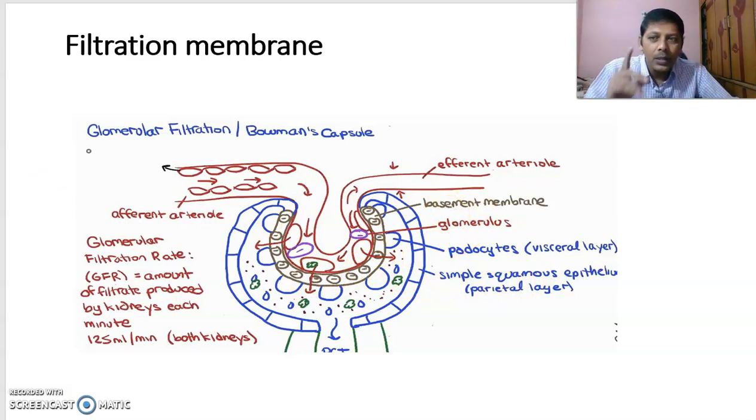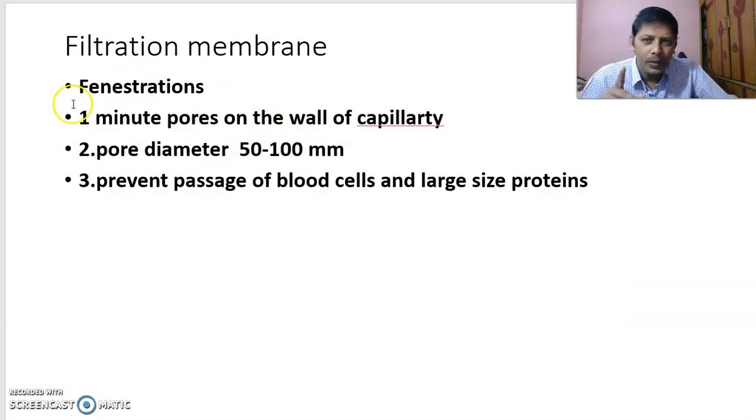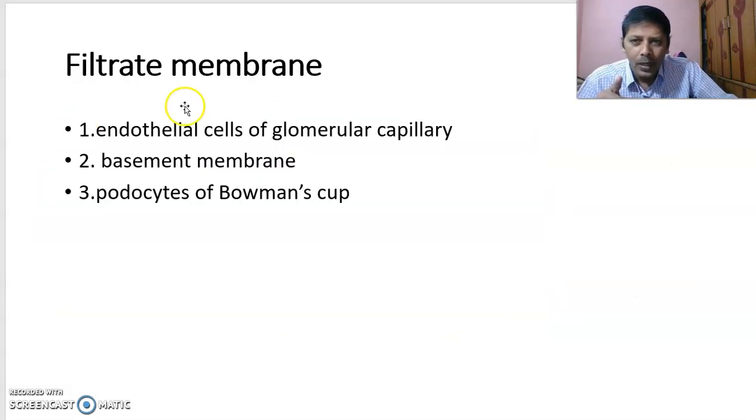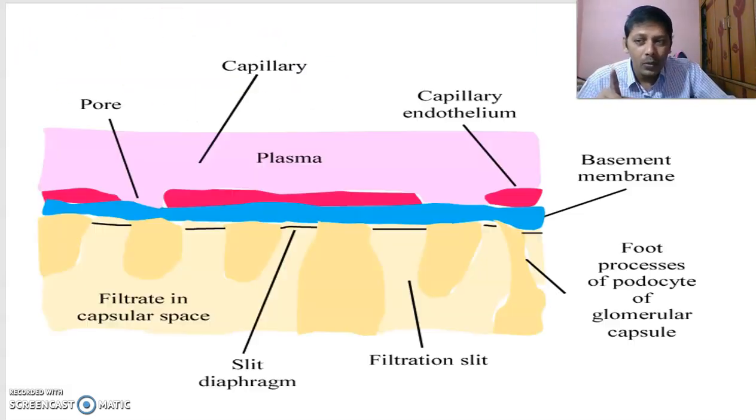These are the three layers I told you about in the previous part: endothelial cells of the glomerular capillary, basement membrane, and podocytes of the Bowman's cup. These three together are called the filtrate membrane. Now blood is filtered through these pores and comes to the lumen of the Bowman's capsule.